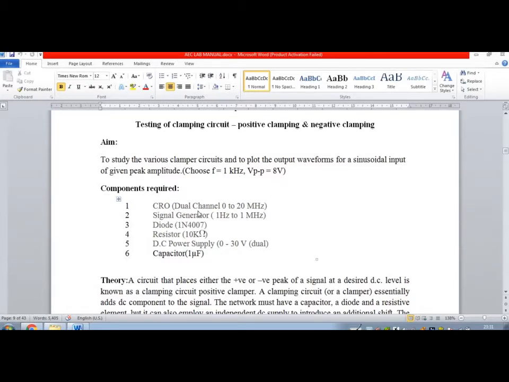The components required for this experiment are cathode ray oscilloscope, signal generator, diode, resistor, DC power supply and capacitor.